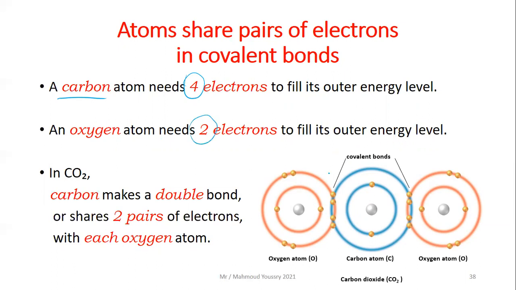So in the carbon dioxide molecule, carbon makes a double bond, or shares 2 pairs of electrons, which means 4 electrons, with each oxygen atom. As you can see here, this is 2 pairs with this oxygen atom, and these are 2 pairs with the other oxygen atom.